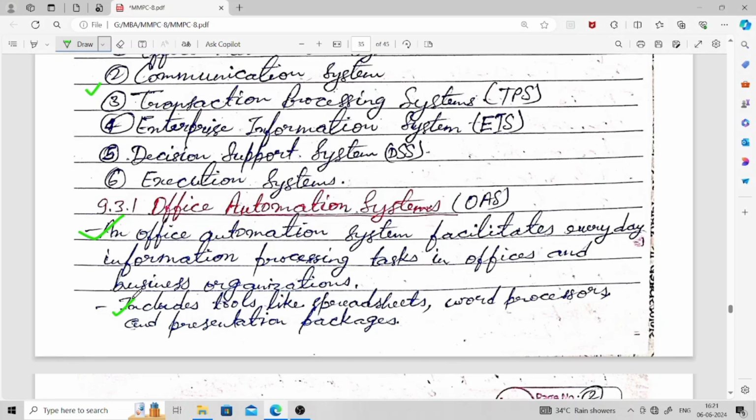As you can see in different offices, we use spreadsheets like Microsoft Excel or Google Sheets, word processors like Microsoft Word or Google Docs, and for presentation packages we use Microsoft PowerPoint. So these are different tools which we use for office automation. It is clear that office automation system is a kind of system which facilitates everyday information processing tasks in offices and business organizations.